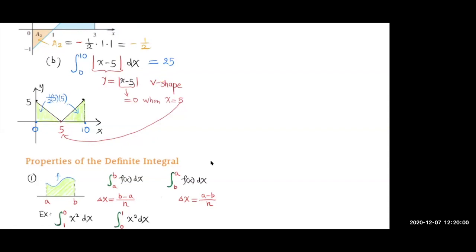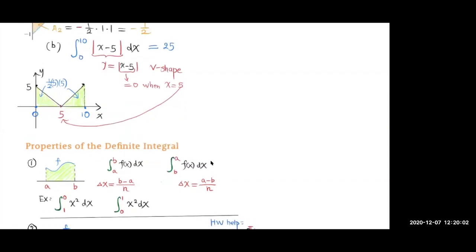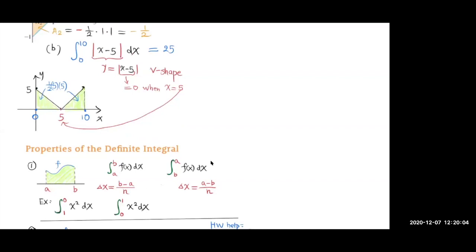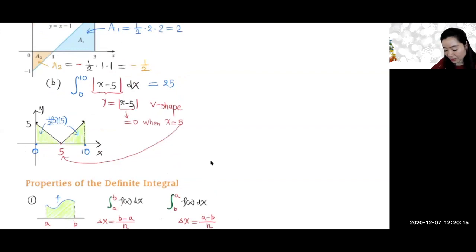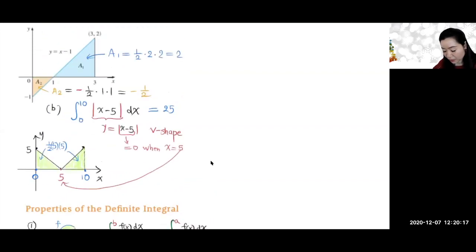Okay? So question, is integral different than area? Oh, yeah, integral could be negative, right? But when we talk about area, we usually don't talk about negative area. But right now, when we use integral, because this integral comes from the Riemann sum, when it is below the x-axis, we have a negative area, and when it's above the x-axis, we have positive.